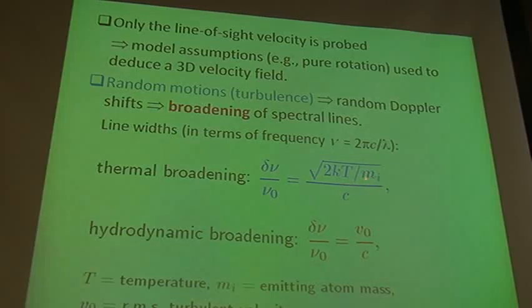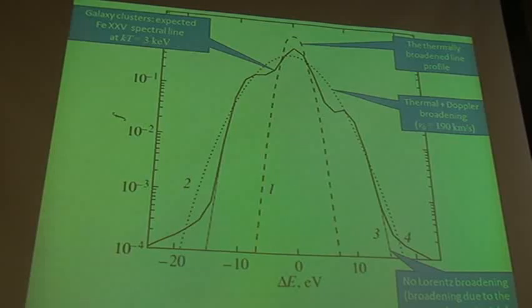But imagine that you observe the spectral lines of iron, which is 56 times heavier. Then thermal broadening will be smaller by the root of 56, which is between 7 and 8 times. And then you can really observe the spectral lines of iron.